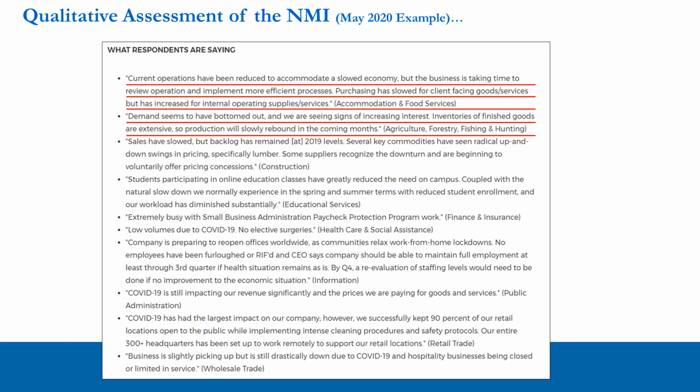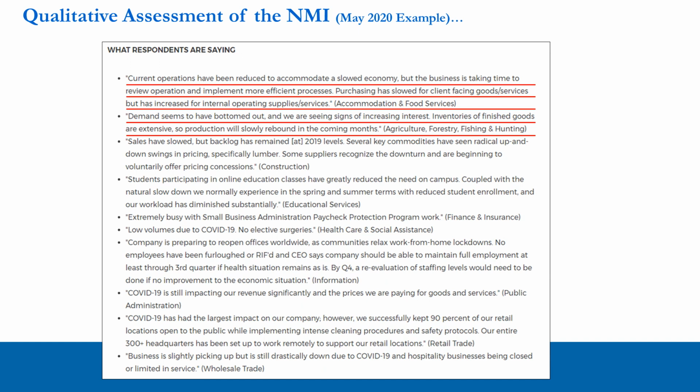Well, they're telling us that business has been reduced to accommodate the current economic environment, and they're taking time to review the situation. Well, they're obviously reporting a slowdown, a decrease, May versus April, and they're communicating to us no visibility. So 2 very, very different qualitative responses here.